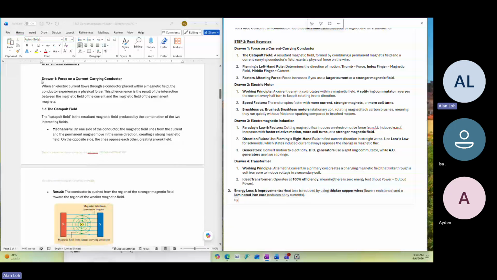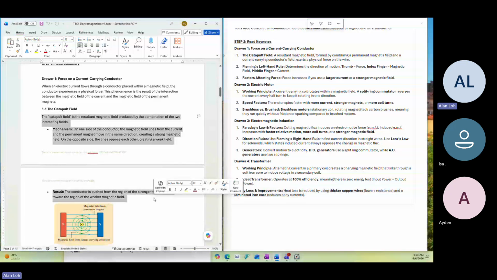We'll go from drawer 1. You see the format is also the same. You have a catapult field here, and you have a catapult field here. And it's an extension of what you have read here in just 1 or 2 lines. With that, you are able to increase your knowledge about what is in drawer 1 to help you level up from level 2 to level 3, right?